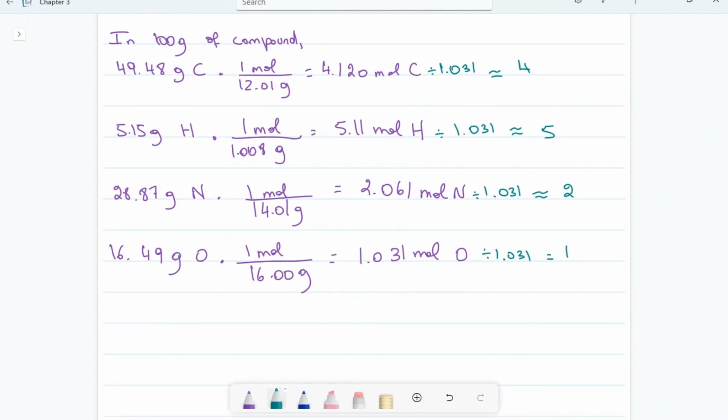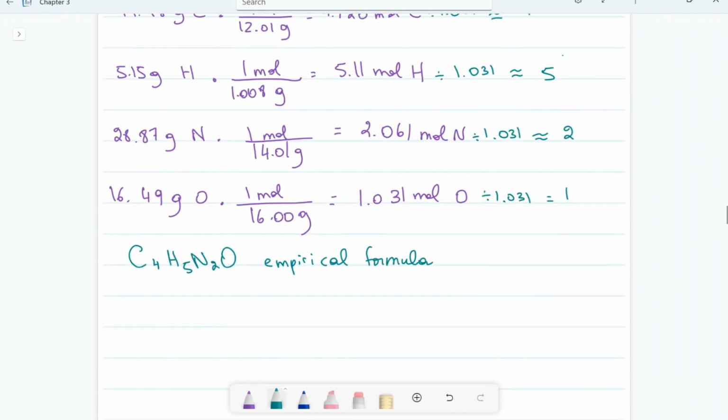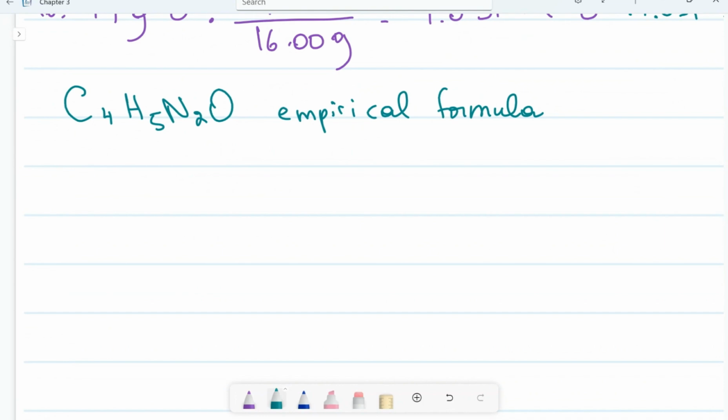Therefore, we use these numbers we got and we write the empirical formula, which is C4H5N2O1, and we don't have to write the 1. This is our empirical formula. Next, we proceed by finding the mass of this empirical formula. So mass of C4H5N2O.